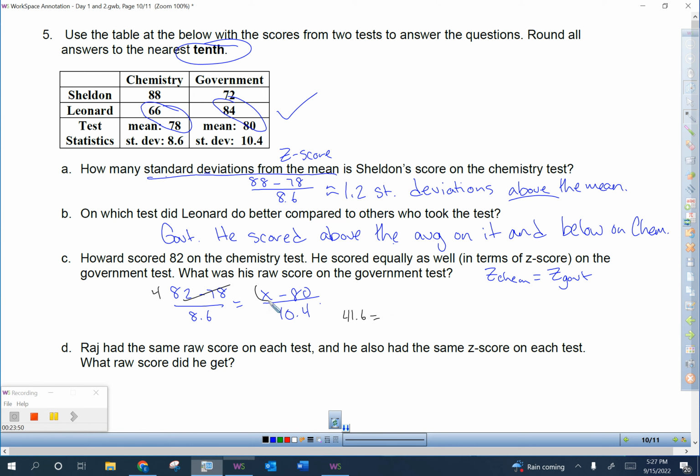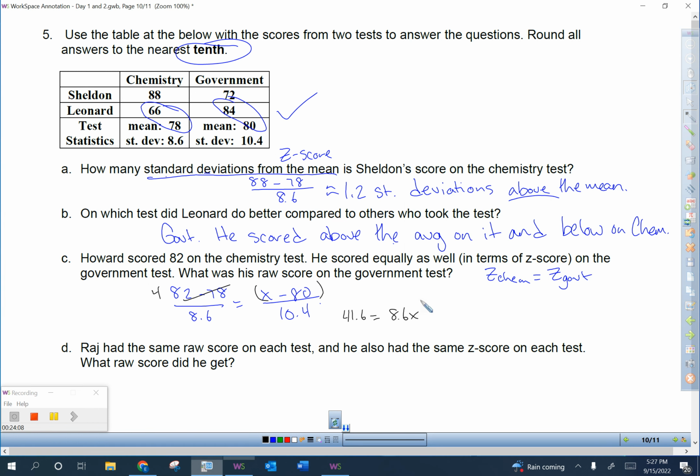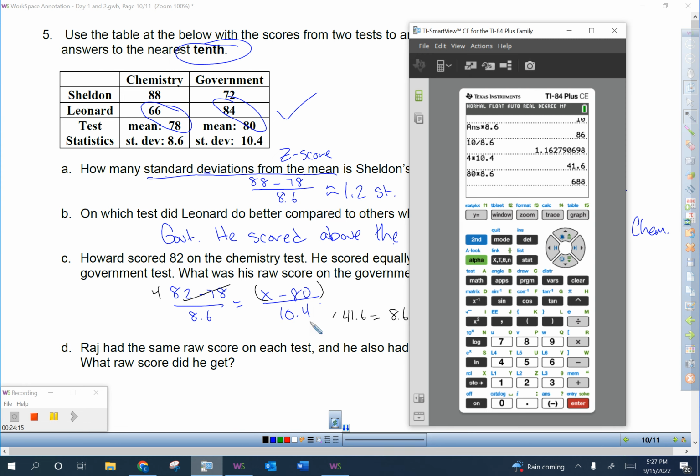And then we're cross-multiplying on the other side, realizing that this 8.6 has to go to both terms. So 8.6x, and then we're going to take our 80 times 8.6 to get 688. So minus 688. Then I can add that 688 over.